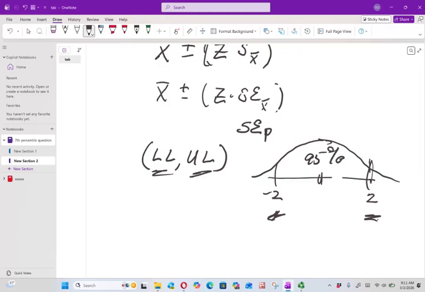What you don't want to do is pay too much for the car. You're more concerned about the upper end than the lower end. So if you got a confidence interval on the price of a car, if you're at the low end, good. You don't care. You pay them a little more than that because you're getting a good deal. It's the upper end you've got to worry about.